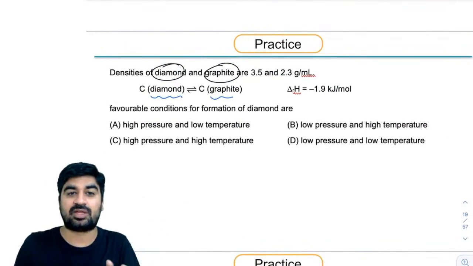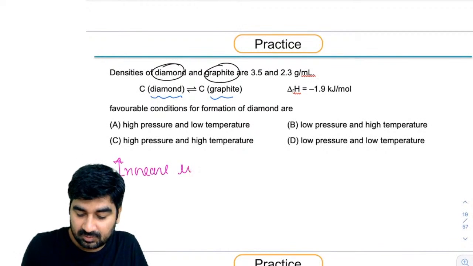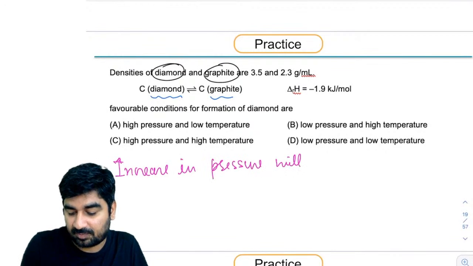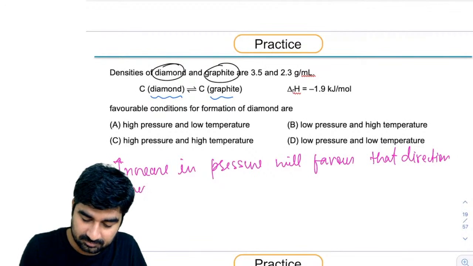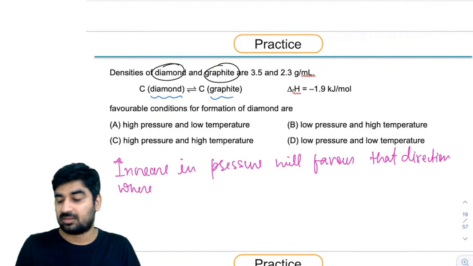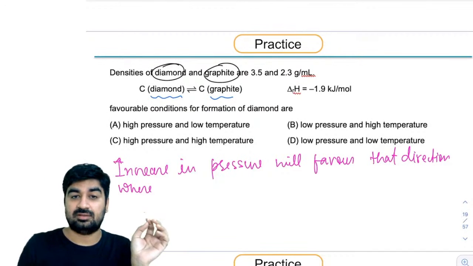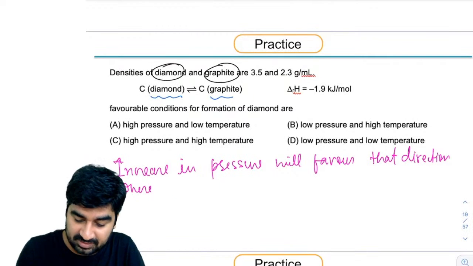Now I have told you the explanation for it and you will never go wrong. Increase in pressure will favor that direction where density is more.